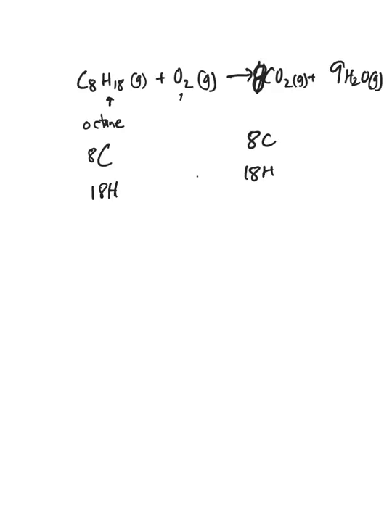I've only got 2 oxygens on the reactant side at the moment. Right now I've got 8 times 2 is 16 plus 9. That gives me 25 oxygens on the product side, excuse me. So that means I need a 25 halves in front of the O2, and that will be balanced.